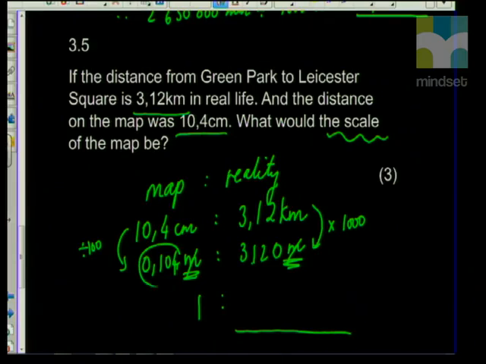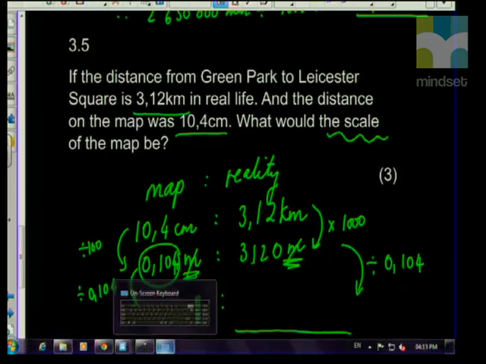Now, in order to get this number back to 1, I need to divide it by itself. So I'm going to divide it by 0.104, and that will give me the 1. But what I want to do to the one side, I need to do to the other. So I'm going to have to divide this side by 0.104.